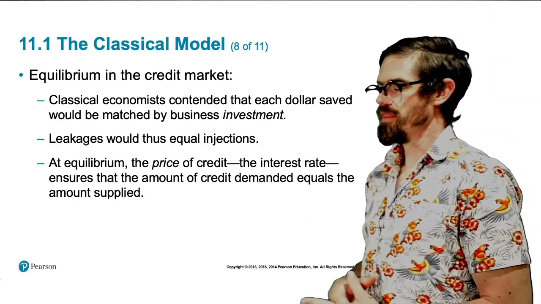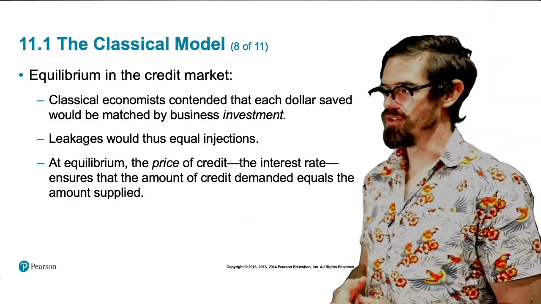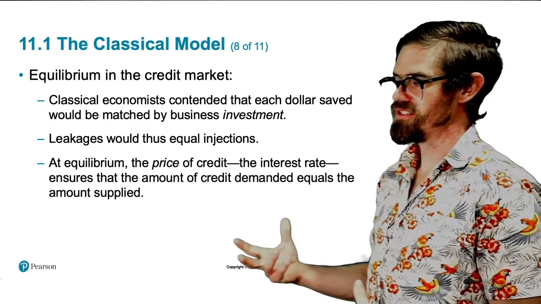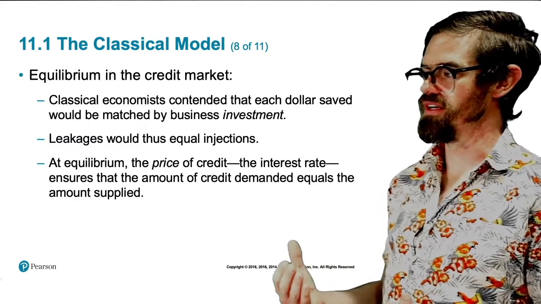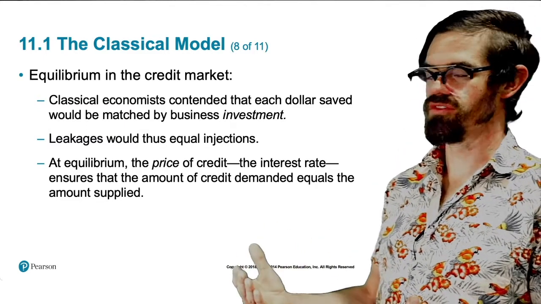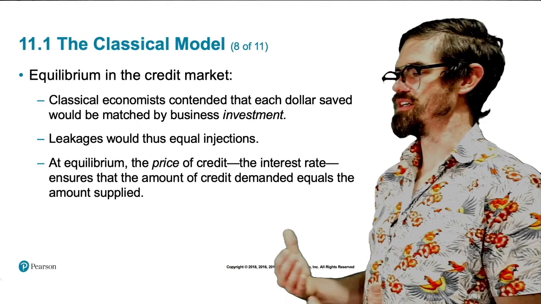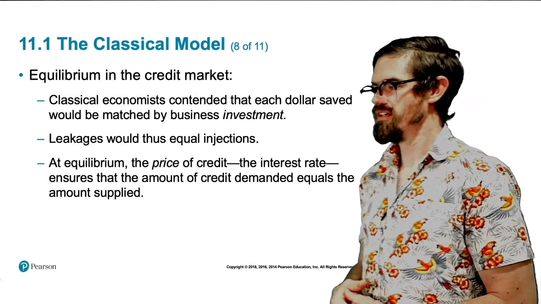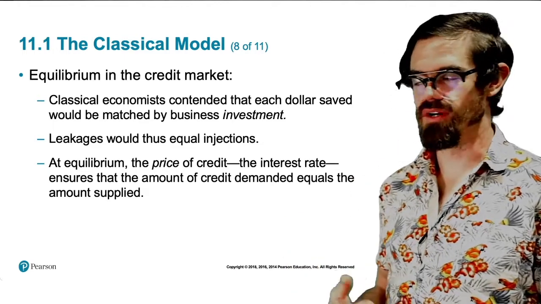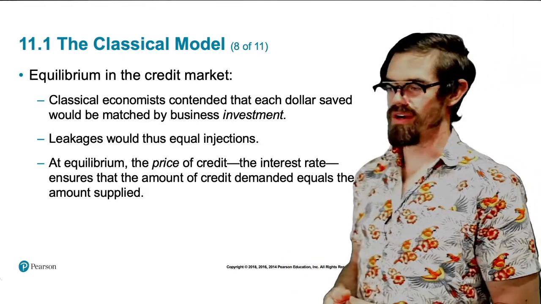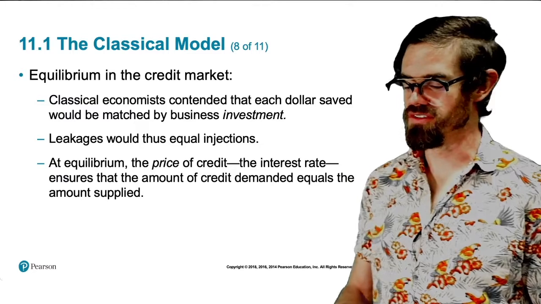And so when the credit market's in equilibrium, the price of borrowing money, which is the interest rate, ensures that the exact amount of credit demanded for investment exactly equals the amount supplied coming from people's savings.